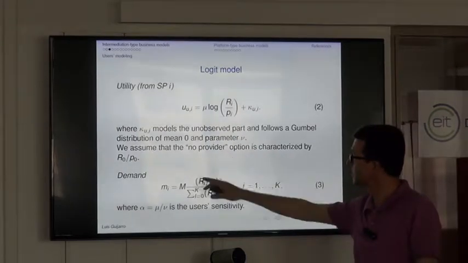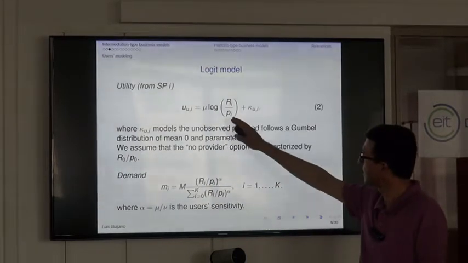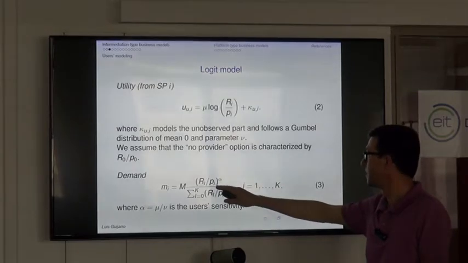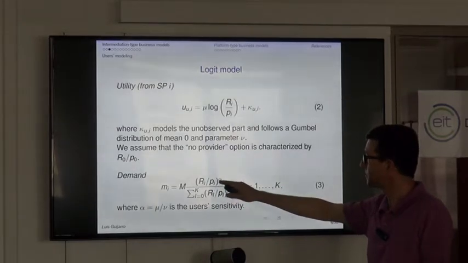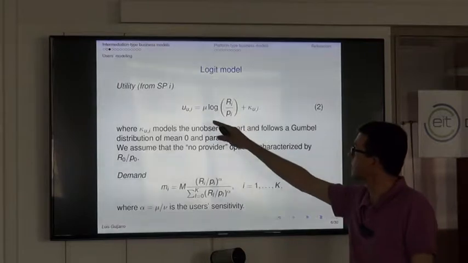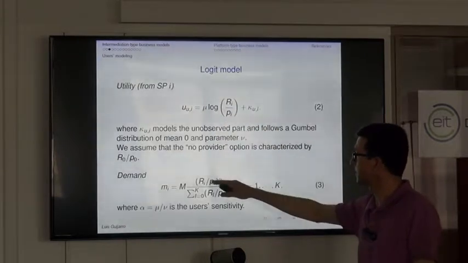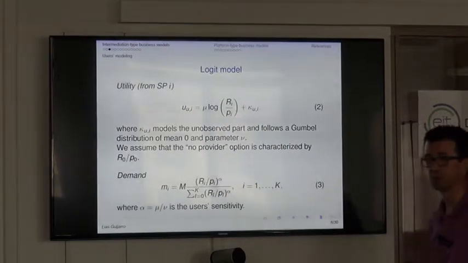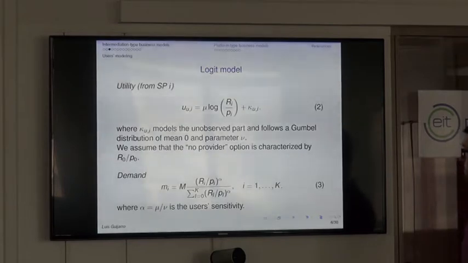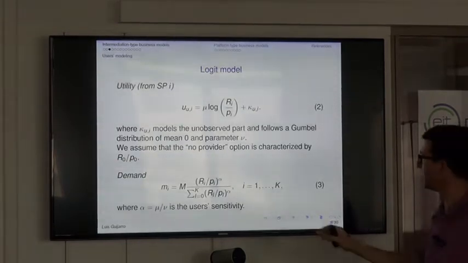And this can be computed, and it ends up having this expression of the exponential of the objective part over the sum of the exponential of the different objective parts for the different service providers.